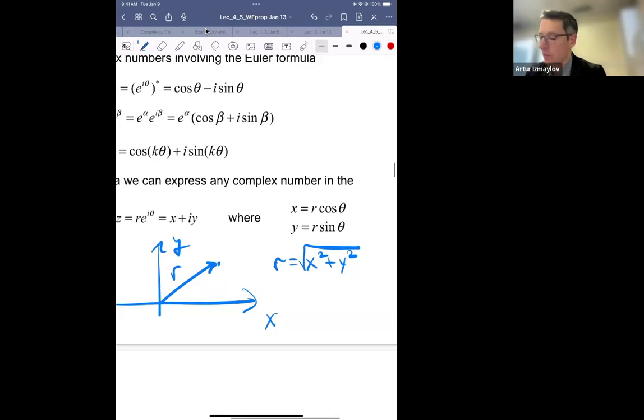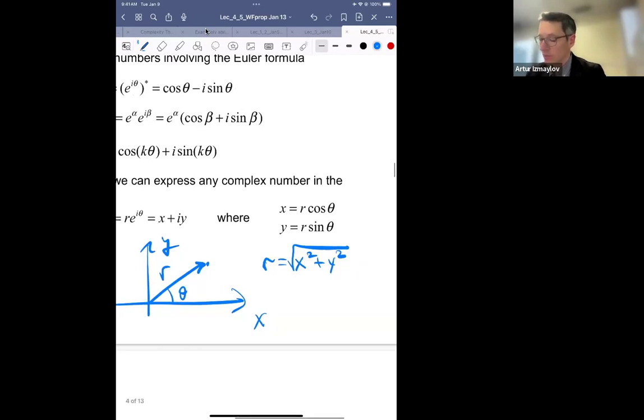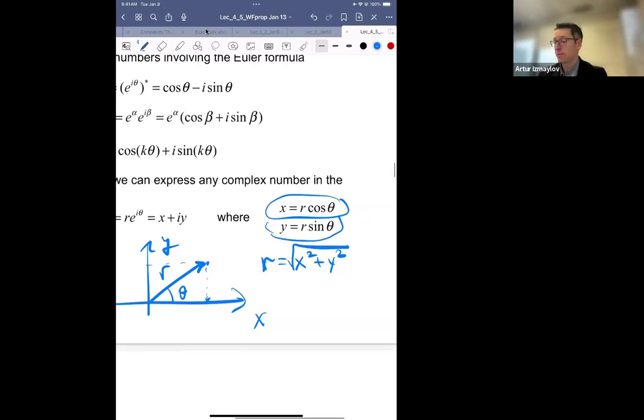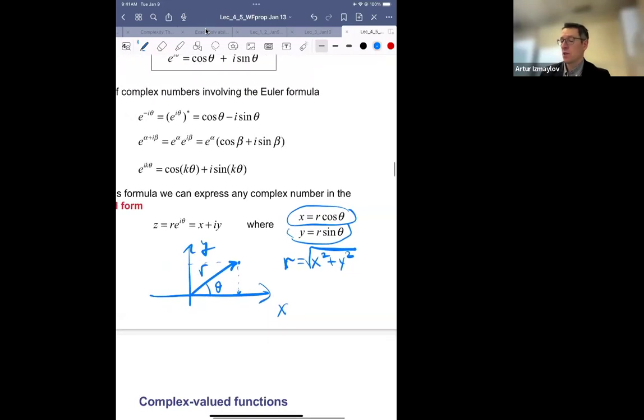So that's the point. And theta is the angle here, so that the x coordinate is exactly r times cosine theta, and the y coordinate is r times sine of theta. Okay, so this is a polar representation, and you could switch back and forth between the two if needed.